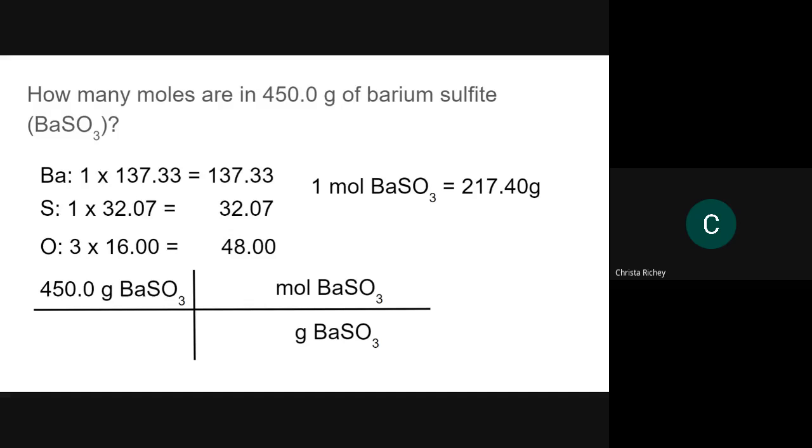And once again, this flow chart is in Canvas. You need a digital version, or I have more paper ones if you need it. But going from grams to moles, the mole should be on the top of the 1, and the molar mass, which you have to calculate, the 217, will go on the bottom. If you were going the other direction, if you follow the arrow, then the molar mass would have been on the top.